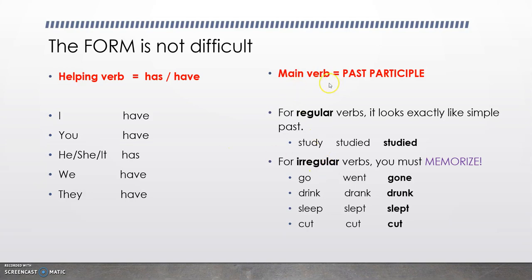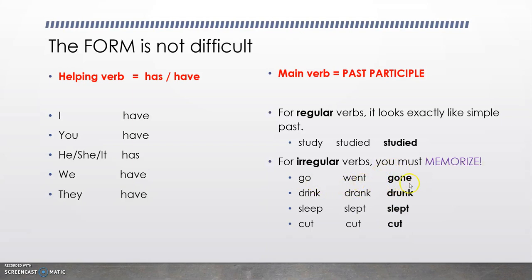For your main verb, you need to change it to past participle form. Past participle is also called the third form of the verb. So when you look at your lists of irregular verbs, like I have a few down here at the bottom, you always see three forms together, right? Like go, went, gone.